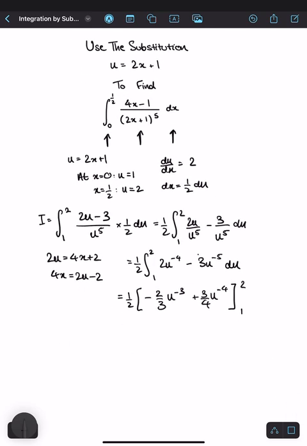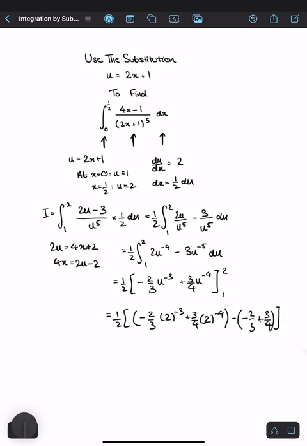Now if we substitute in our limits, we get a half, now minus 2 over 3, 2 to the minus 3, plus 3 over 4, 2 to the minus 4, subtract minus 2 over 3 plus 3 over 4, since 1 to any power is just 1.